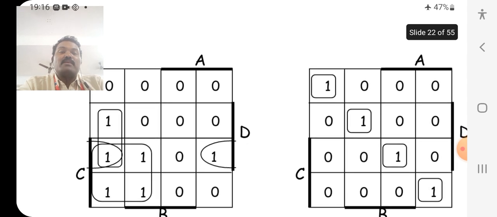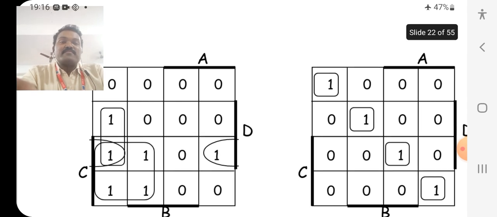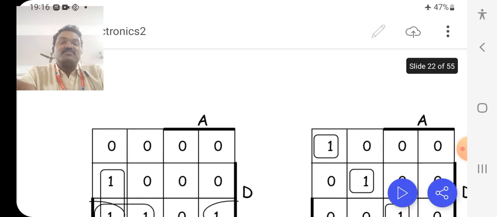Now, framing a group is very, very important in K-map. How can we frame a group? Adjacent cells you can make a group. What are adjacent cells? Consider the first min-term, first row, first column.